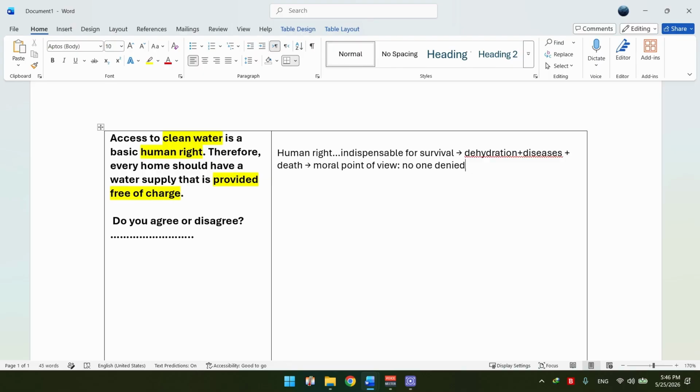And when it comes to these, who gets the most severe hit? Obviously not the rich. So the poorest members of society, because they can't afford it.